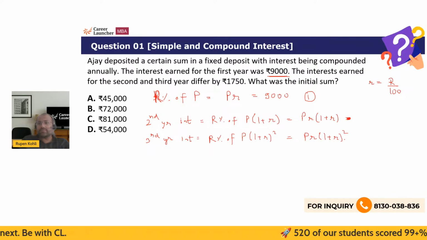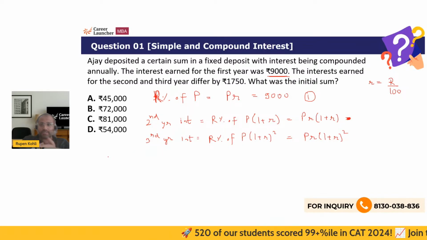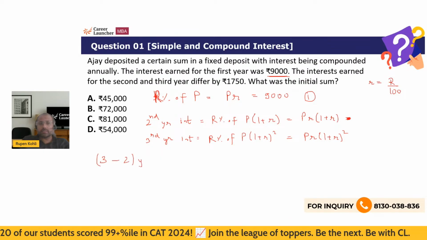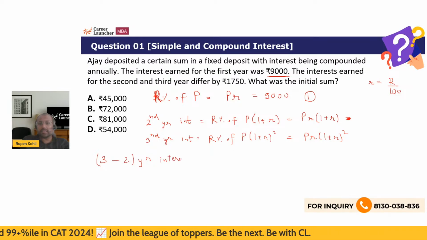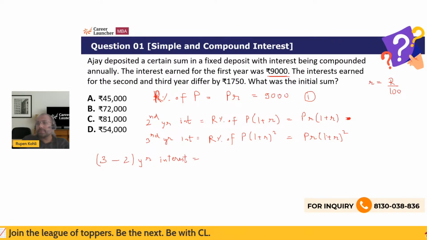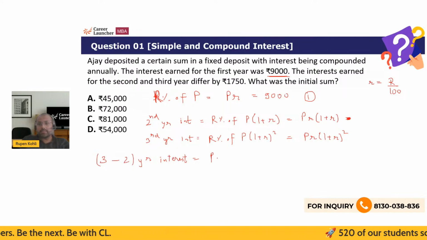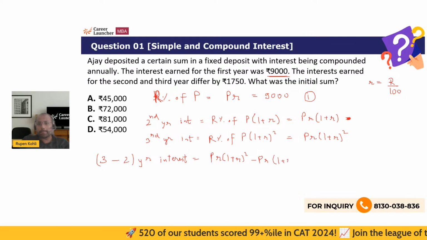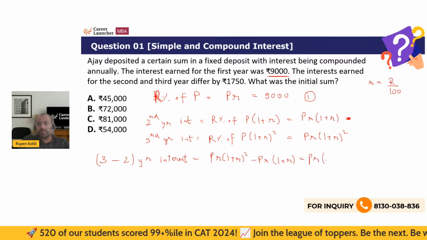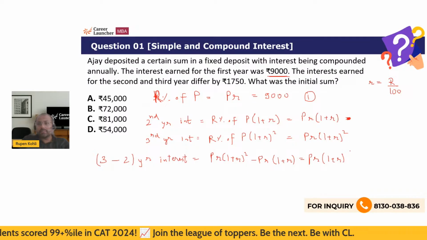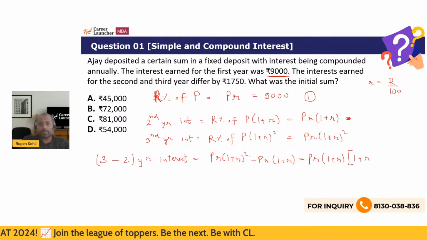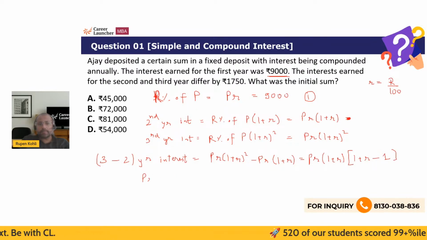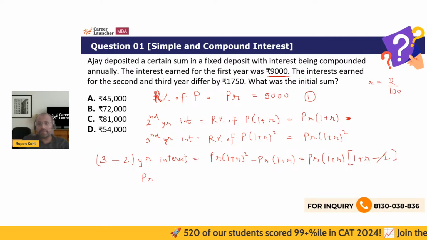These two, the difference is given. Obviously the third year's interest is more, so third year interest minus second year interest: PR into 1 plus R whole square minus PR into 1 plus R. PR into 1 plus R is common in both, and in the bracket it will be 1 plus R minus 1, which is simply R. The 1 and 1 cancel.